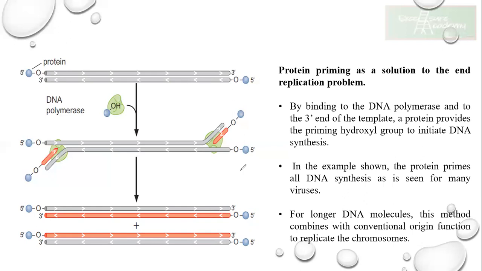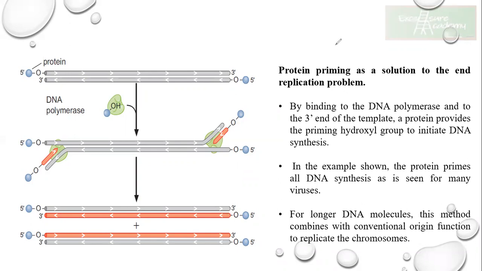Instead of having an RNA primer, before replication itself, they have started using protein priming and replicated the entire chromosome. This is happening only in a few cases of bacteria or viruses that have linear DNA. This is one way to avoid the end problem.